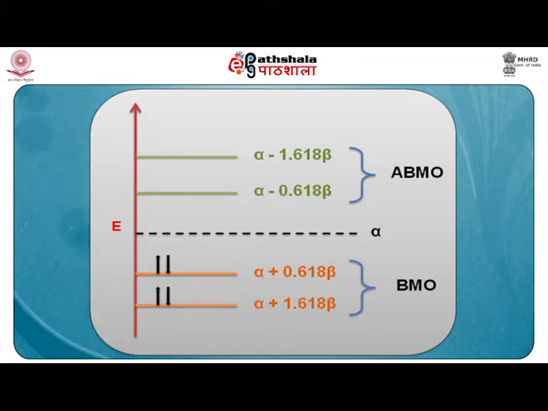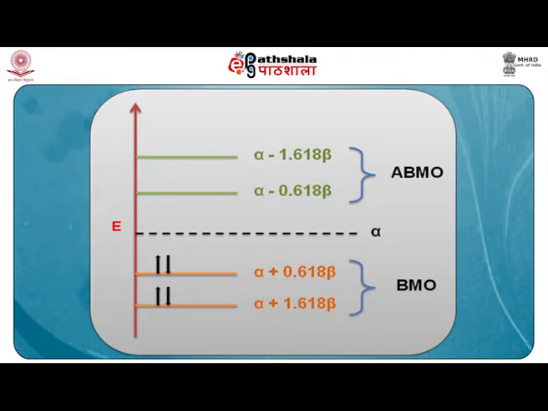Now, since butadiene contains 4 pi electrons, these electrons have to be accommodated in these molecular orbitals.